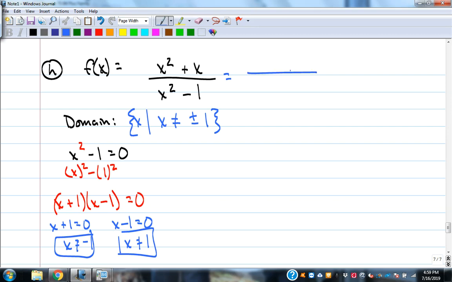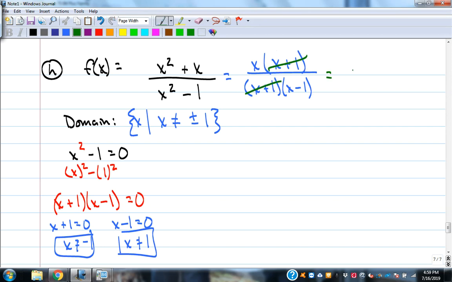And then I go and I try to simplify. The numerator will factor with a GCF. What's the GCF of x squared and x? It's x. So there we have a factor that matches, so they cancel each other out.